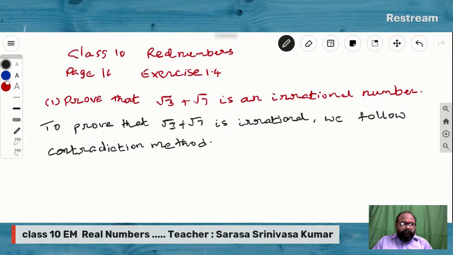In the contradiction method, we assume that the given statement is not true. That is, we assume that square root of 3 plus square root of 7 is not irrational.